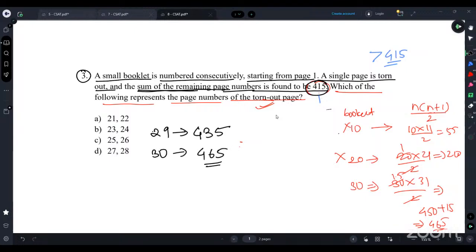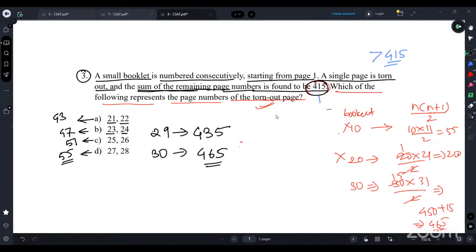Now see guys, if you check the summation of all these page numbers given in the options, what will the summation be? 21 plus 22, in the first case, will be 43. In the second case, it will be 47. In the third case, it will be 51, and in the fourth case, it will be 55.